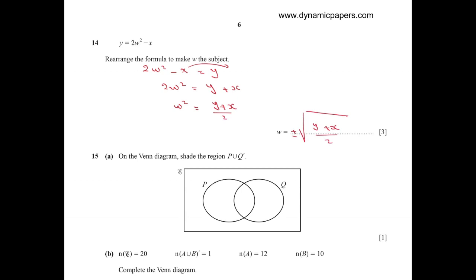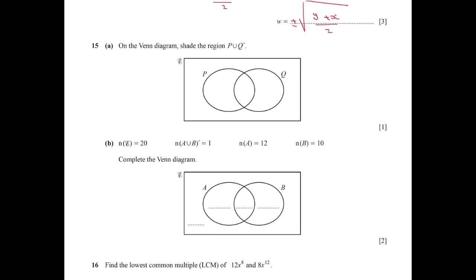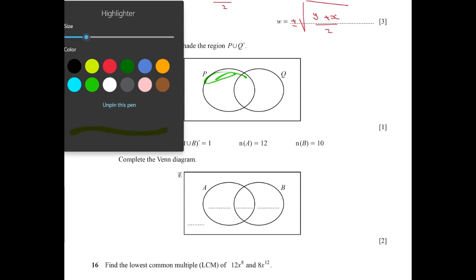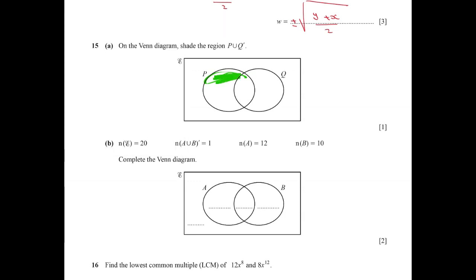Question 15. On the Venn diagram, shade the region P union Q dash. Now we are shading P union Q dash.